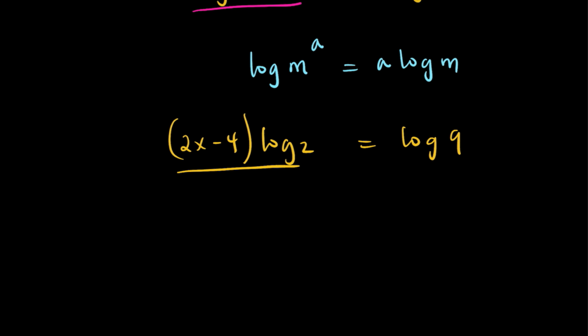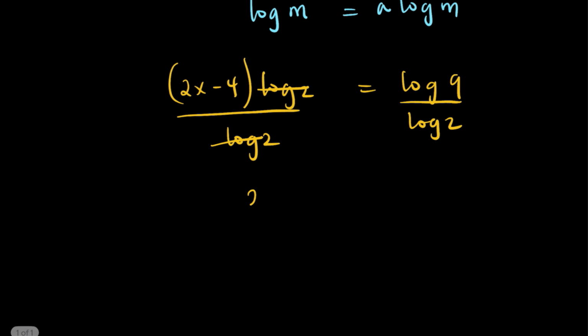And if we divide both sides by log 2, this here will take care of this, leaving us with 2x minus 4 is equal to log 9 divided by log 2.